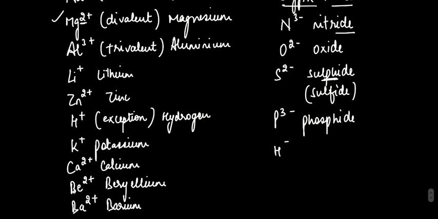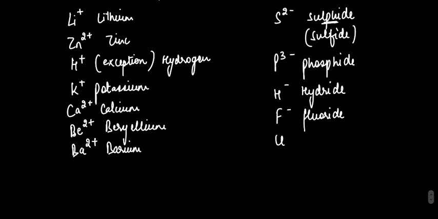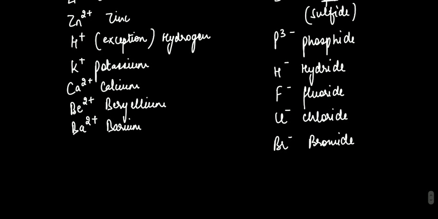H minus, if hydrogen is going to accept an electron completing its duplet, we will call it hydride. Then we have F minus, fluoride, Cl minus, chloride, Br minus, bromide, I minus, iodide.